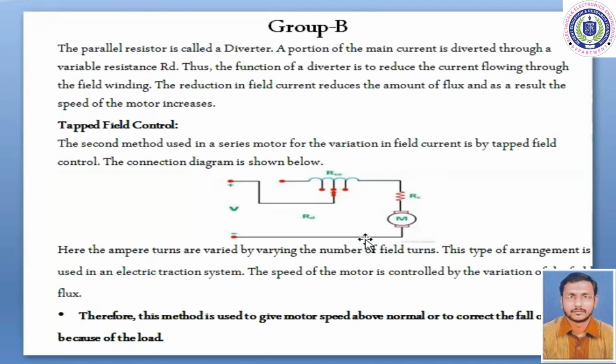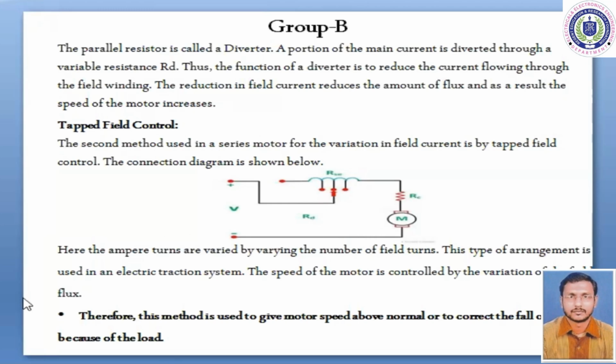In both cases, we get speed more than the rated speed. With this discussion, we can easily find the second answer, that is, this method is applicable for speed beyond the rated speed. So this is the answer of the first question.